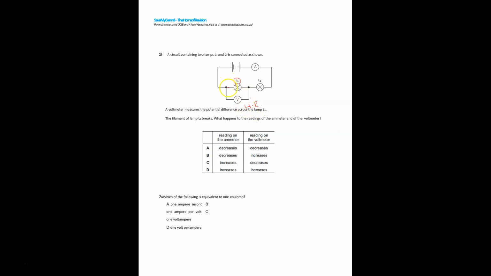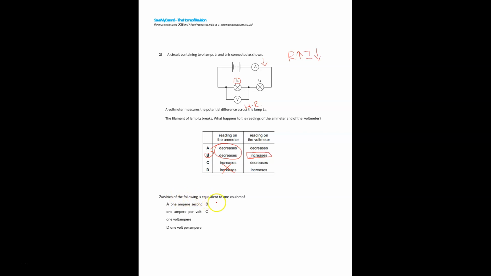If the resistance gets higher, the current value decreases: resistance increases, current decreases. So the ammeter shows a decreased value. So these two options are wrong. And what happened to the voltmeter? Since the resistance of the voltmeter is high, it will take more voltage. So the voltmeter reading increases. So the option is B.